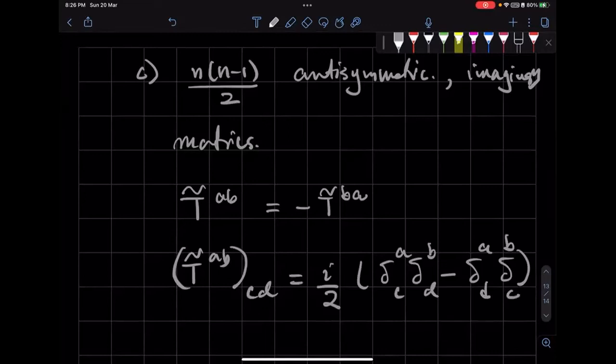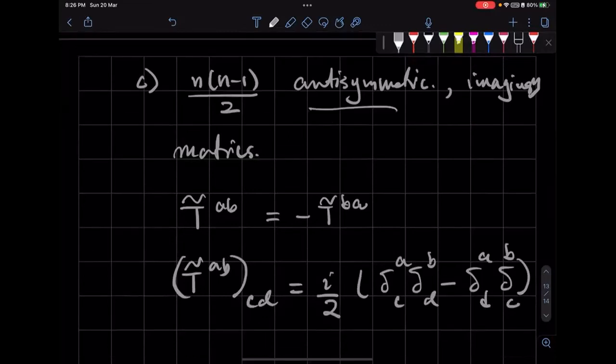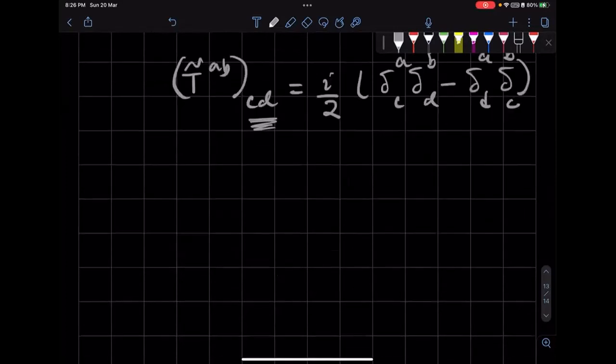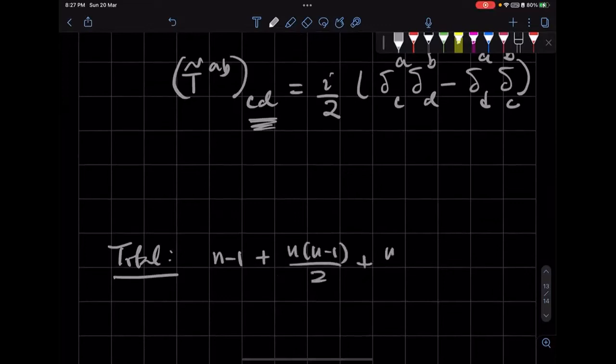Okay, and because it's antisymmetric, the antisymmetry is in CD, right? As well as these guys. Because it's antisymmetric, anything that is antisymmetric is automatically traceless. So the total number, let's check that the dimension is fine. We have n minus 1 in the Cartan subalgebra plus n times n minus 1 by 2 plus n times n minus 1 by 2.